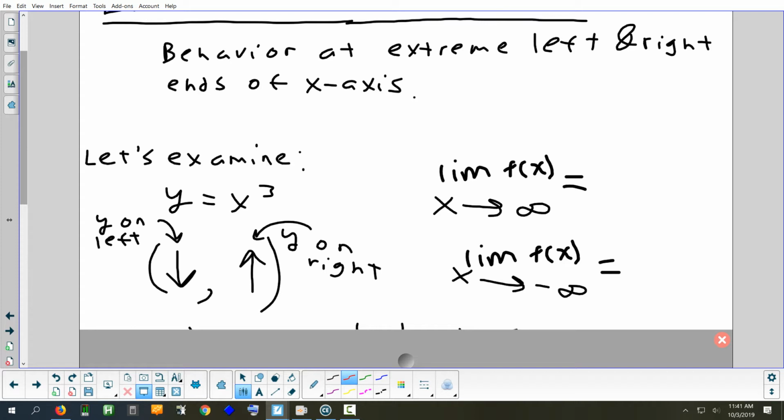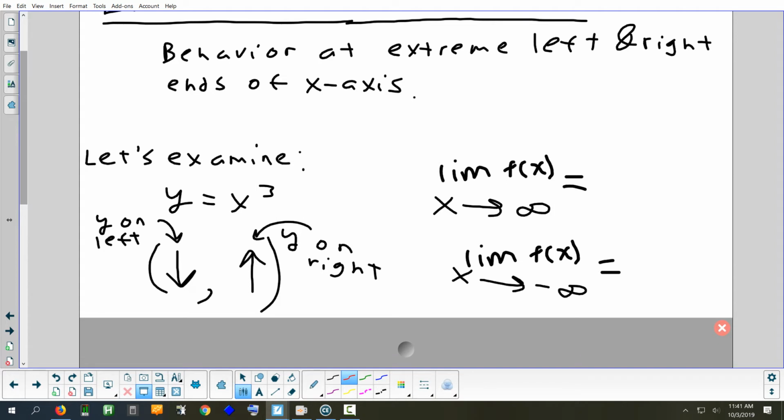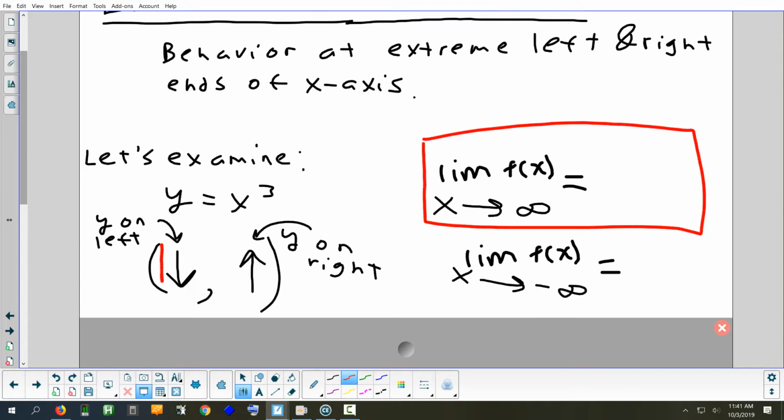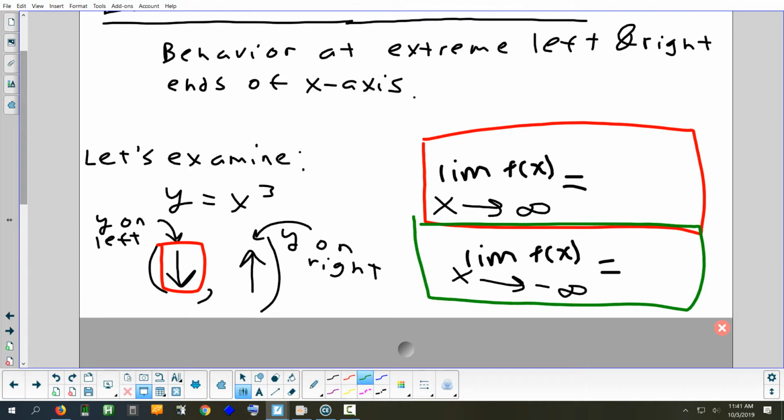What's happening on the left side? Down. What's happening on the right side? Up. Okay, so that's one way to describe it. Here is another way. This is going to describe that.